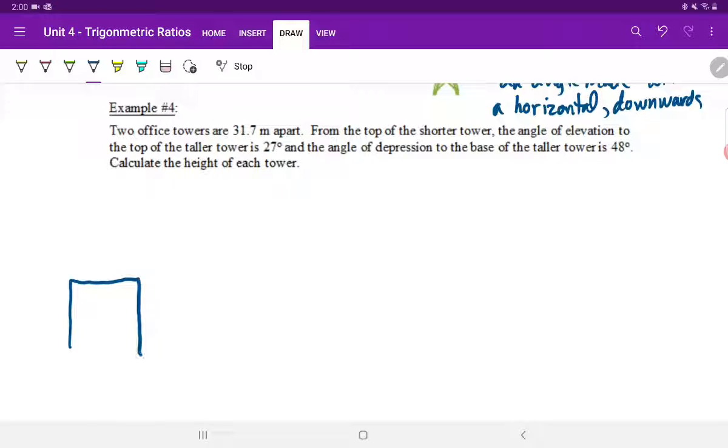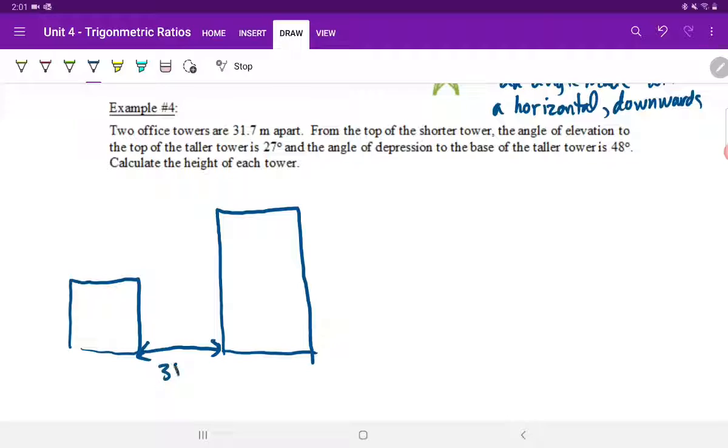Okay, so we have a shorter tower and we have a larger tower. They are 31.7 meters apart. From the top of the shorter tower, the angle of elevation to the top of the taller tower, here's your angle of elevation.